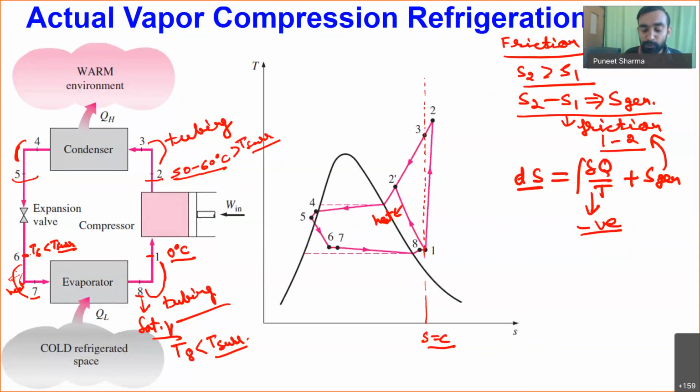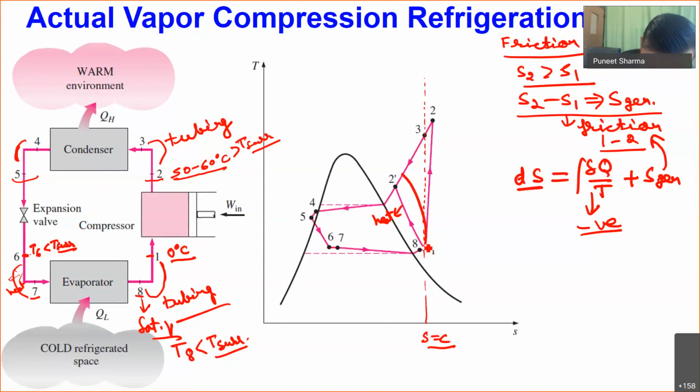Okay, so this is what happens inside the compressor. Now if we have to combine both these processes, in actual we are having a certain amount of entropy generation, and also a certain amount of entropy decrease because of the heat transfer. So if we couple both these effects, we will find our actual compression line something like this.